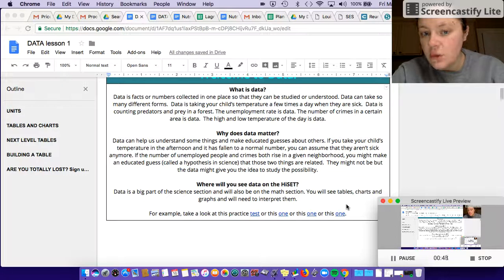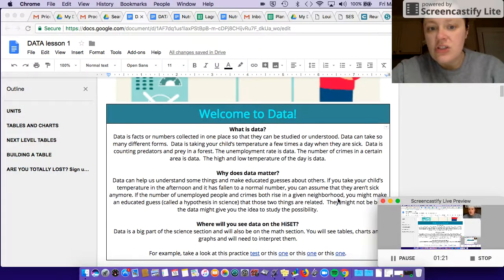Those can take many forms, but they are a significant portion of the HiSET question area, and it's a big area of the HiSET science section where traditional reading comprehension is not going to be as useful. Graphs and tables are really specific to science, and so you might be a great reader, and that's going to carry you through a lot of the HiSET science section, but it might not necessarily help you read a table or a graph. So that's why we have this class.